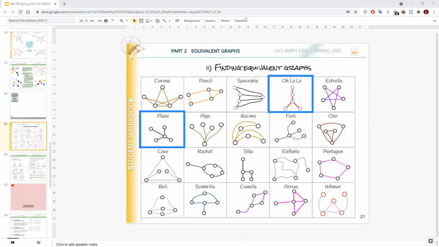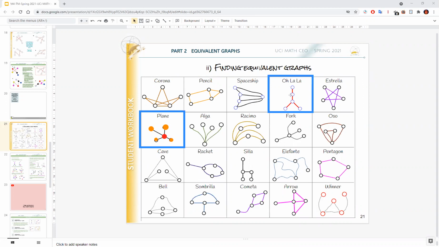Notice that plane actually has a center. So it has this point that connects to pretty much all other points. So it's a point connecting to all the rest of the points. If plane and olala claim to have the same structure, I should be able to do the same in olala.